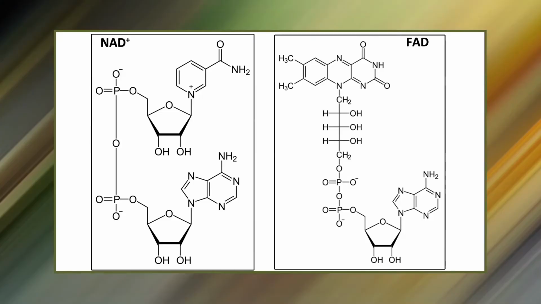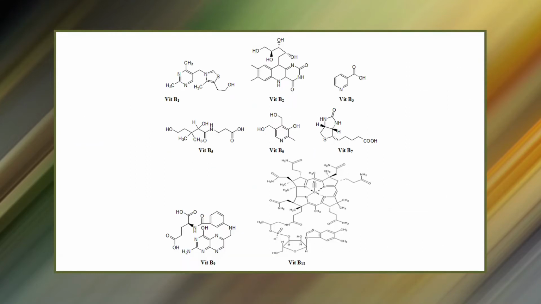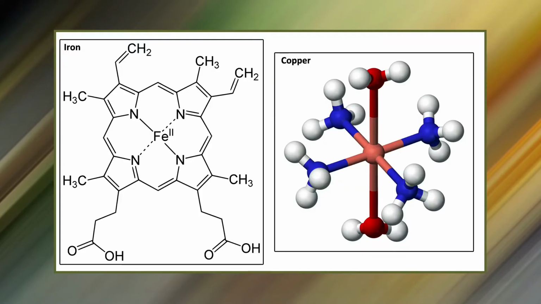There are a number of cofactors that bind with apoenzymes to form holoenzymes. Common coenzymes that bind with apoenzymes are NAD+, FAD, coenzyme A, vitamin B and vitamin C. Iron, copper, calcium, magnesium, zinc, etc. are common metal ions that bind with apoenzyme to form holoenzymes.